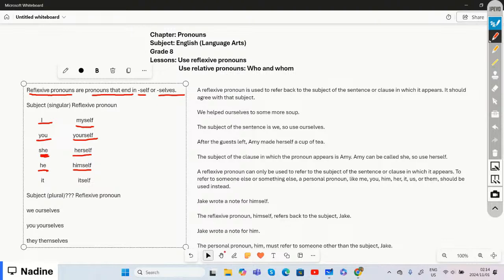All right. Then we also have it as a singular subject, it referring to a thing or an animal or so on. And here we have a reflexive pronoun where our reflexive pronoun needs to refer back to our subject, which is it.